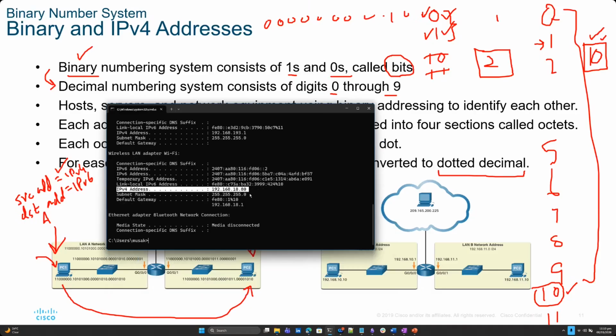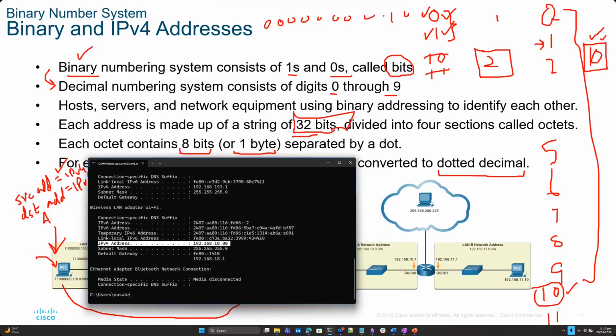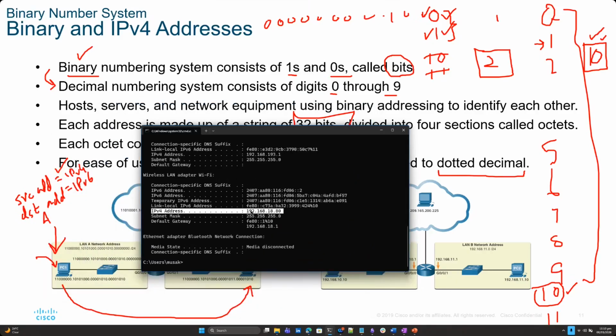Well, that is the decimal notation, because now it's been converted from binary to decimal so that when I read it, I understand it easily. And even still, there's another problem. If this 32-bit address was converted as it is, it would create a big number, because with 32 bits, you can represent up to 4 billion numbers, okay?